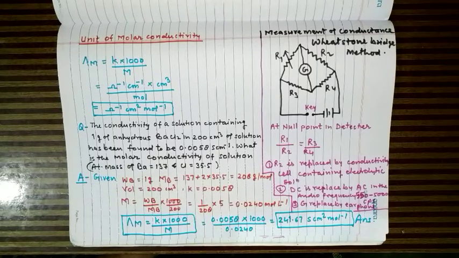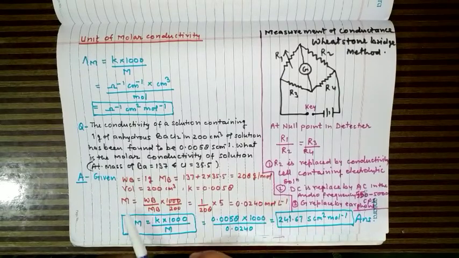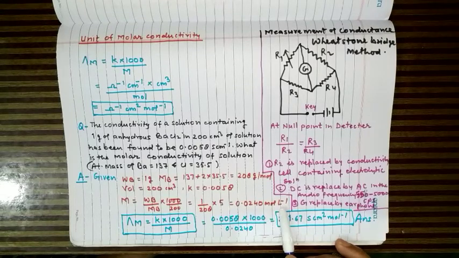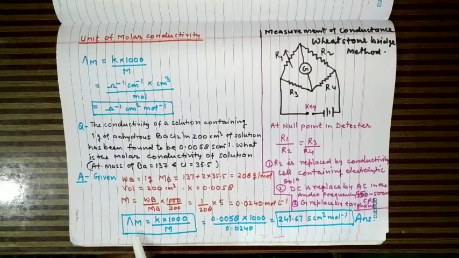Atomic mass is given, so first we write the given. W_B is 1 gram, molar mass is 208 gram per mole, volume of solution is 200 ml. So first we will find out the molarity. What will the molarity be? Number of moles in 1 liter of solution. So it comes out 0.0240 mole per liter. Now if we put the value in the formula of molar conductivity, lambda m equal to kappa into 1000 upon molarity.